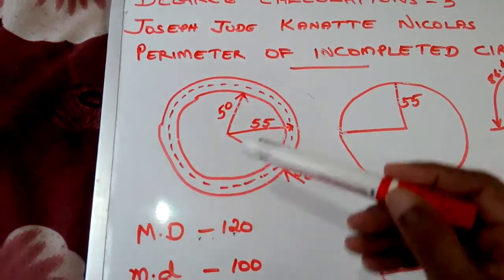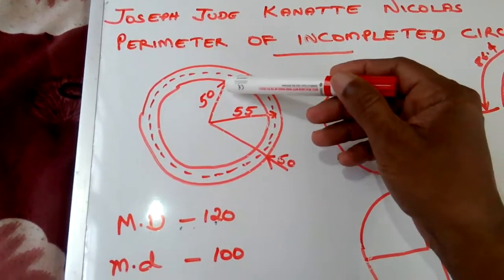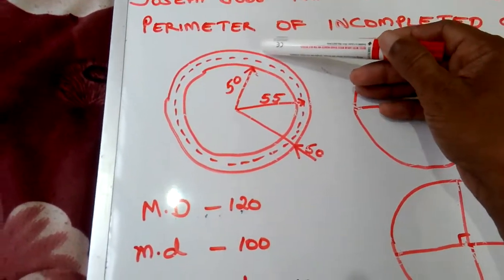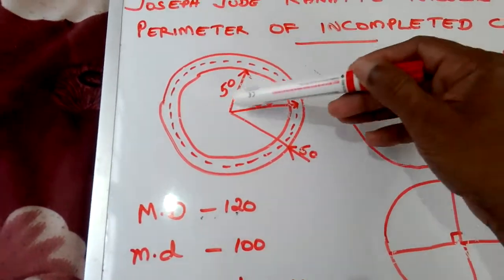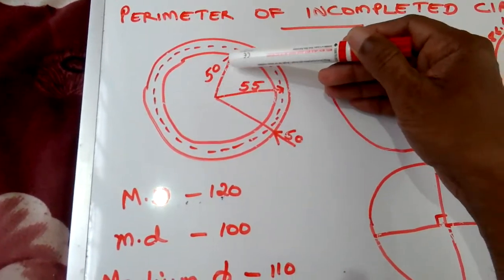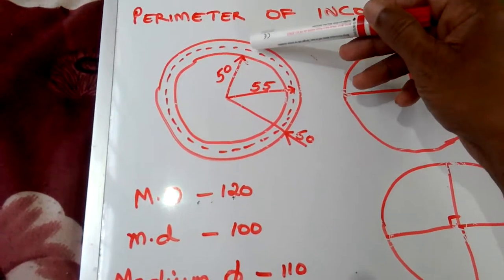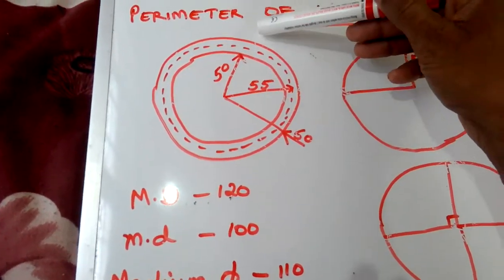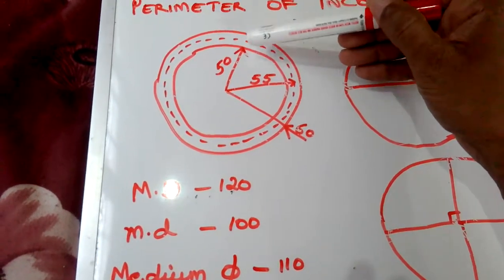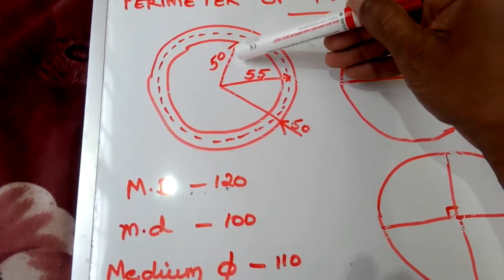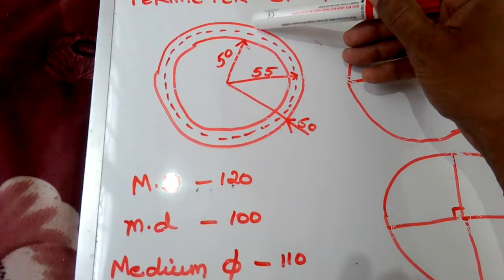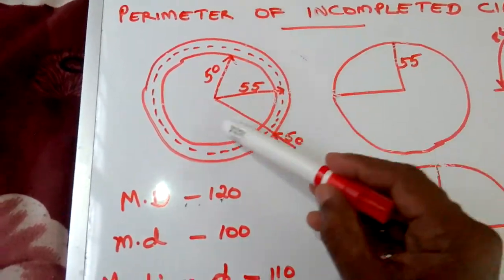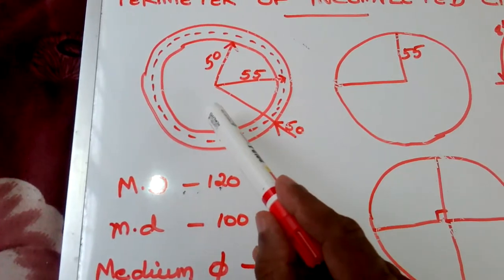We can find out its inside radius is 50 and its outside radius is 60. It has been indicated here. From here to here is 50, from here to here is 60. If it is so, 60 minus 50 will be the measurement from this inner wall to outer wall. So its thickness will be 10 mm.